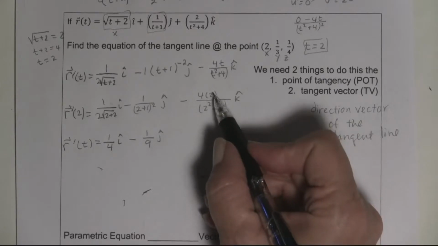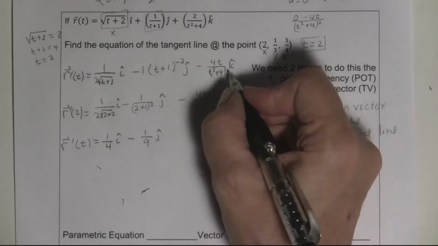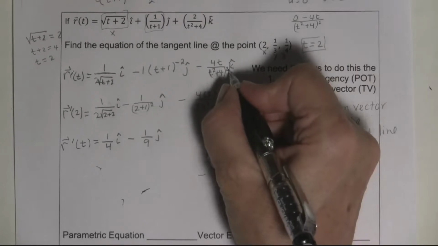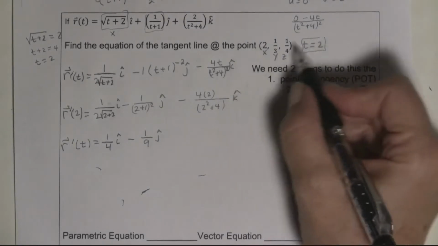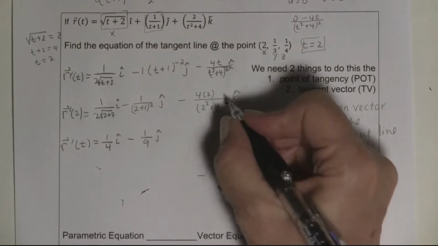and so am I getting here 8 over 2 squared is 4, and 4, did I lose? This is a square here, right? I miscopied that down here. That's a square there. So this should be a square there.